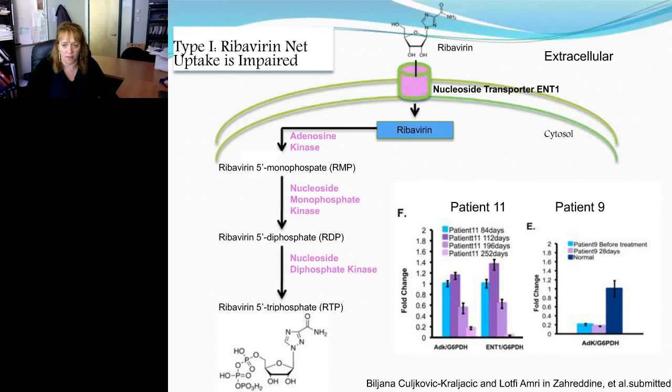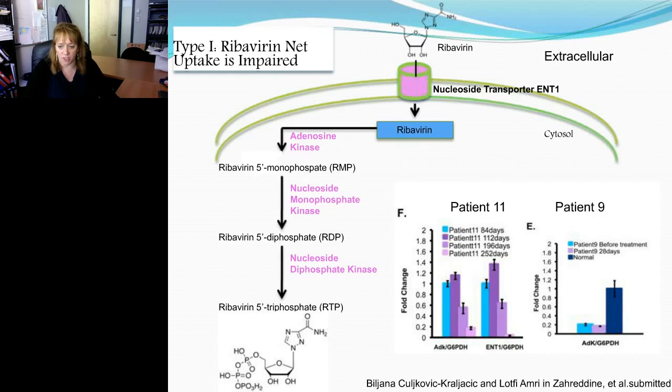We looked at one of the CR patients from a ribavirin monotherapy trial and a patient that never responded in the ribavirin monotherapy trial. And we used real-time PCR during the course of treatment, before treatment, during response, and end of treatment. And what you can see, for instance, in patient 11, is that this particular individual had a very large drop in ADK levels, as you can see here, and also in the transporter itself, indicating that this patient was probably resistant because no ribavirin was actually entering the cells.